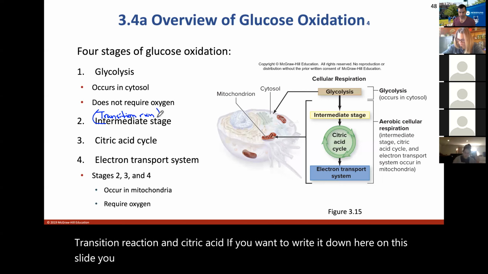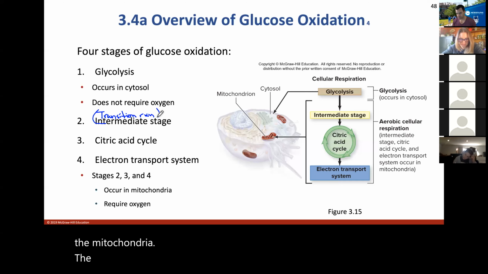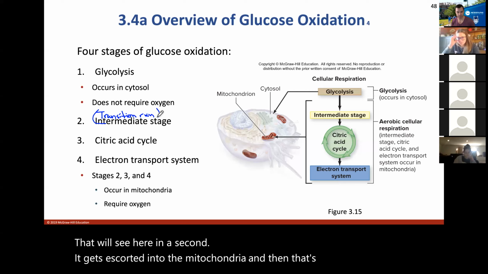Those two are occurring within the cytoplasm of the mitochondria, the matrix. As soon as I have pyruvate, it gets escorted into the mitochondria, and then the reaction immediately starts to happen.